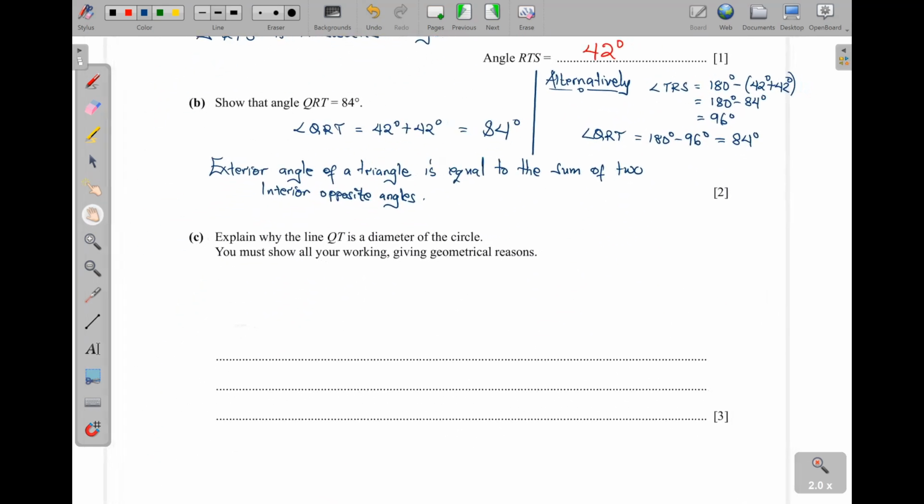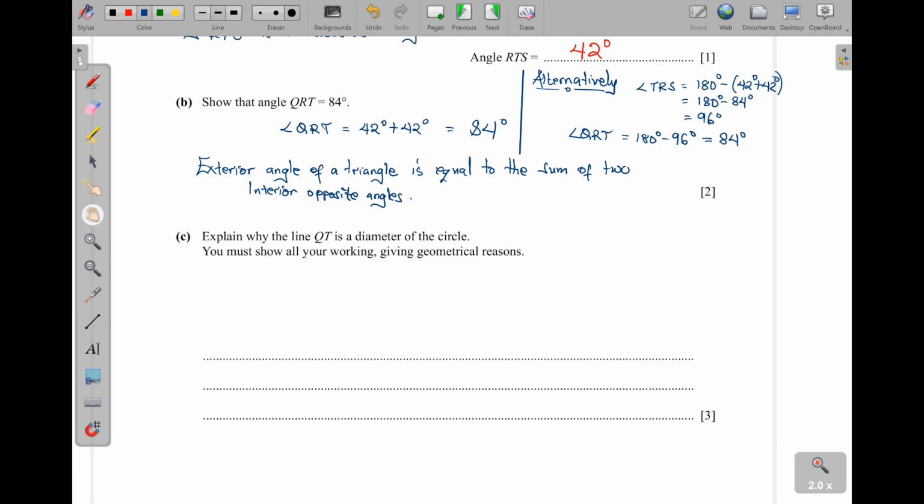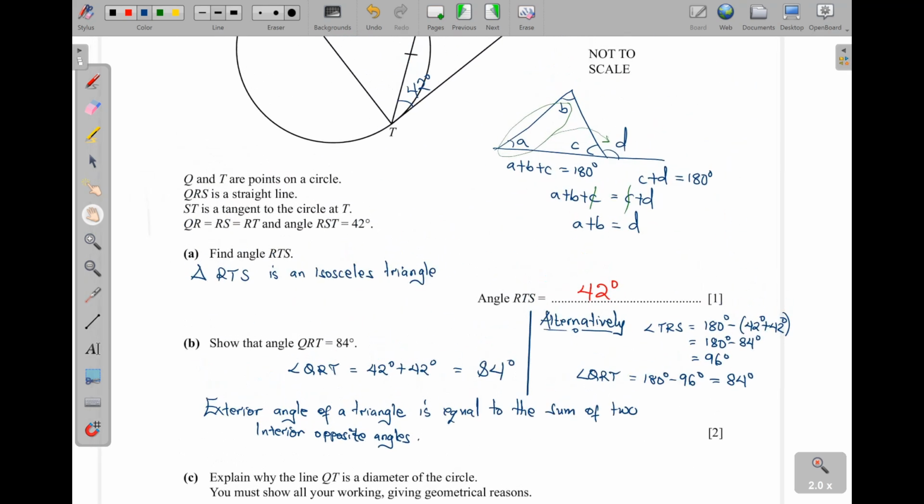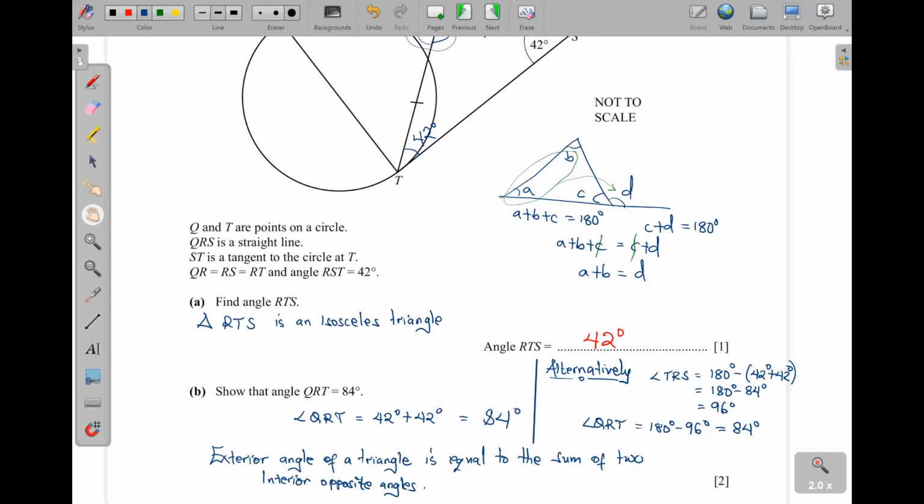Okay, then next, part C, explain why the line QT is the diameter of a circle. Now, they told us here that ST is a tangent to the circle.